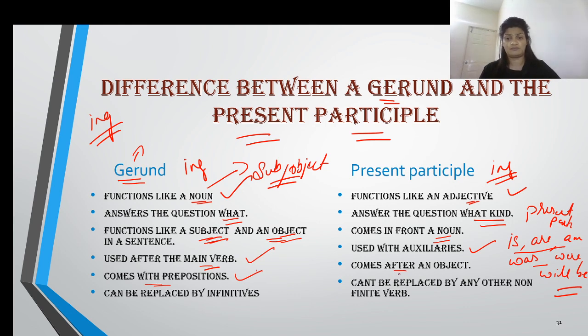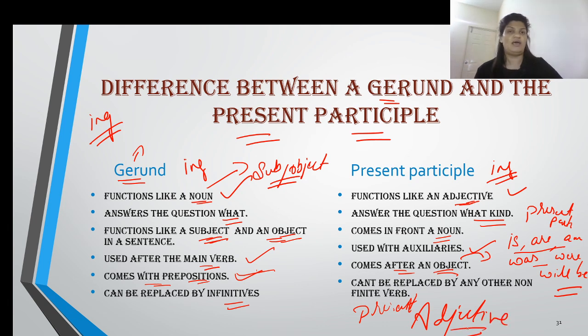Here it comes after an object because it is an adjective, describing that object. Next, a gerund can be replaced by infinitives, but a participle cannot be replaced by any other non-finite verb because it functions alone, like an adjective.